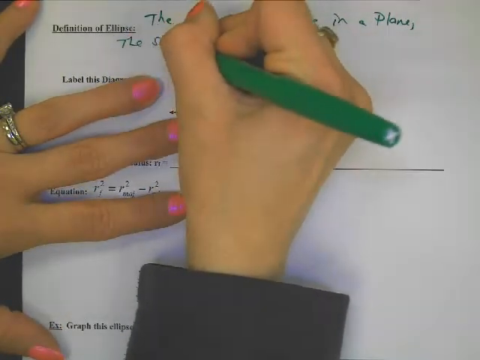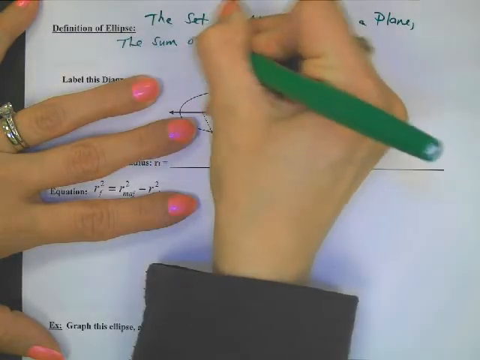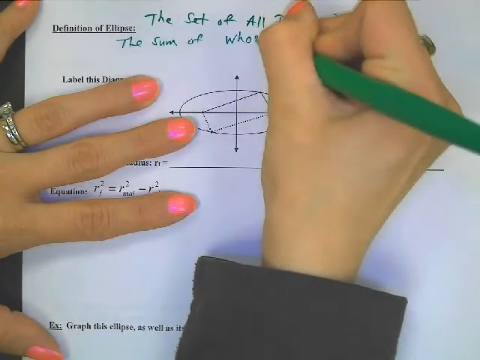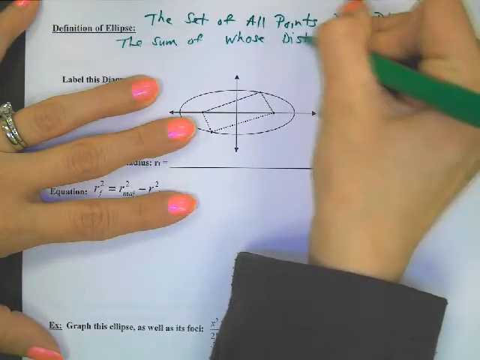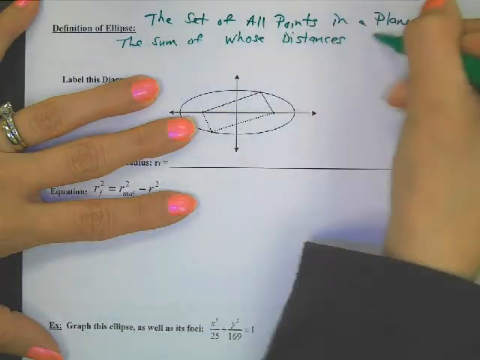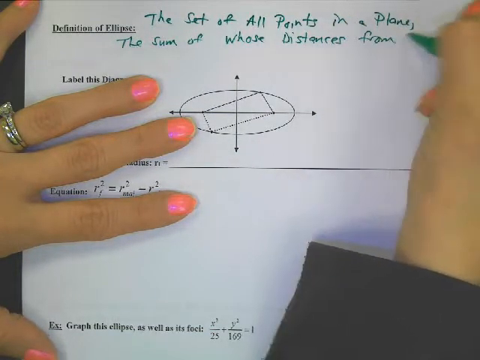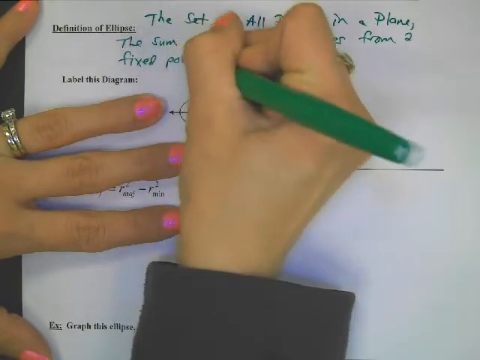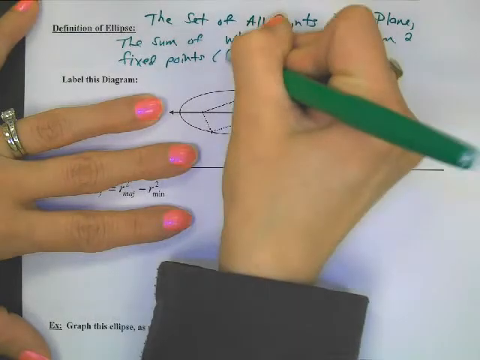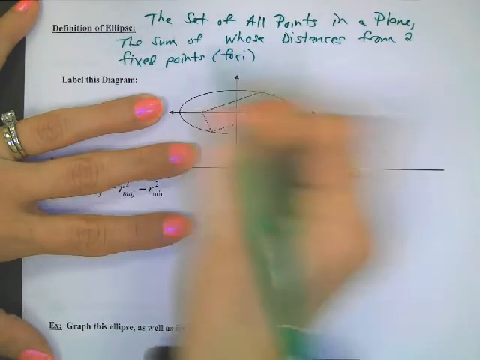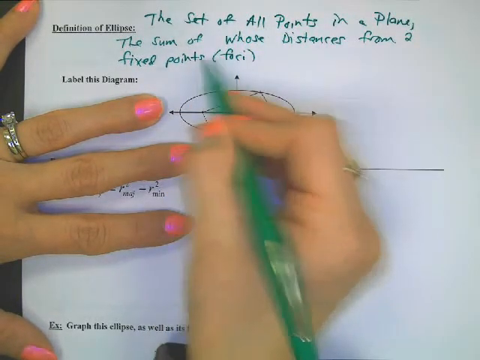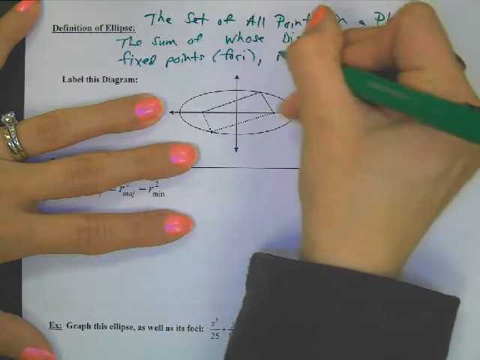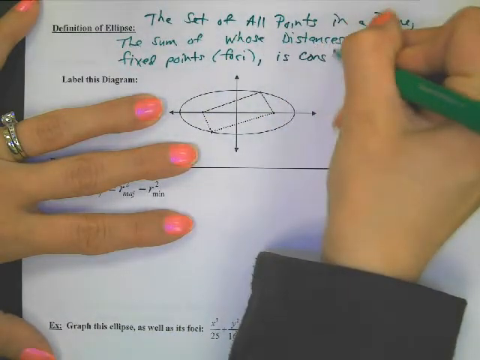The sum of whose distances from two fixed points, and those fixed points are called what? Foci. The sum of the distances from the foci, comma, is constant.